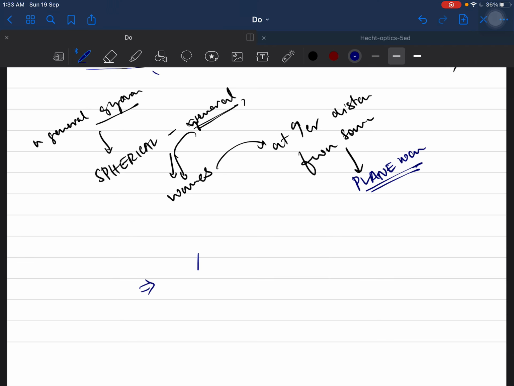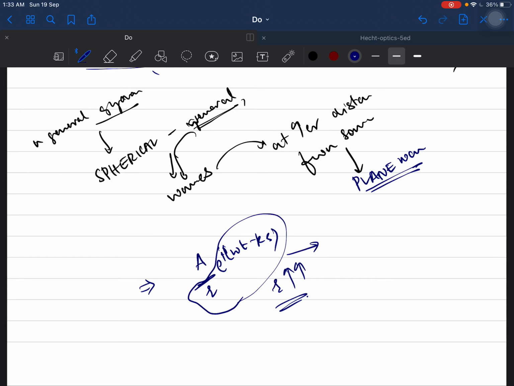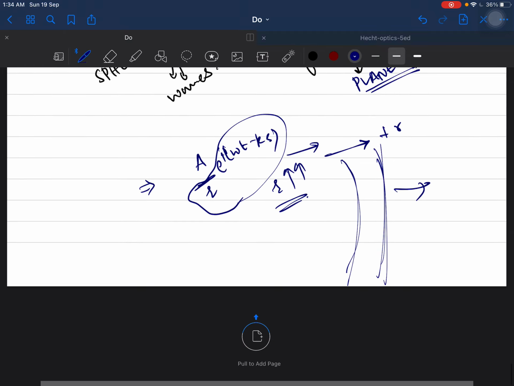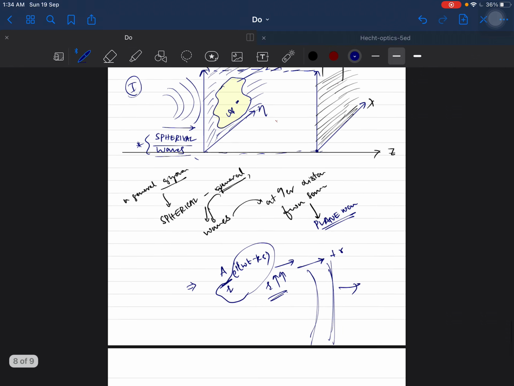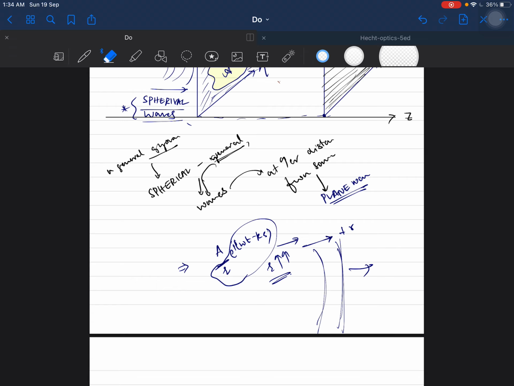You see, A/r e^(i(omega t minus kr)), as r tends to very high values, this basically becomes perpendicular to r, and this almost becomes a plane wave. So we don't use this stuff now.